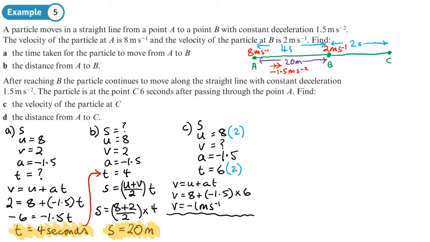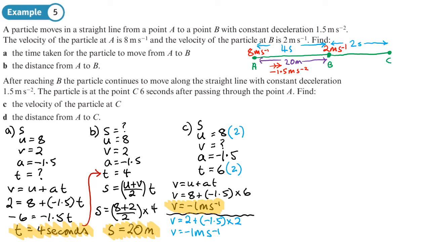If I do the alternative way and use the initial velocity U as 2 and the time as 2, I also get the same answer. I'll still get V equals negative 1. Okay, so I could do it either way. So the velocity is negative 1, which means it's now slowed down so much it's come to a stop and then changed direction. A bit like if you were to throw something in the air, it reaches a point at the top, changes direction and then falls down.